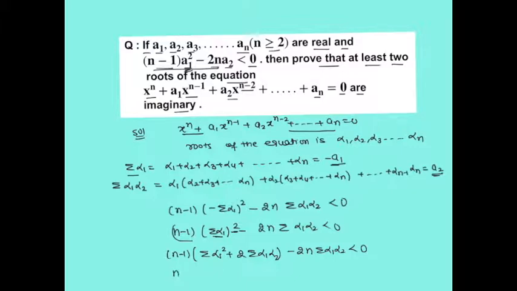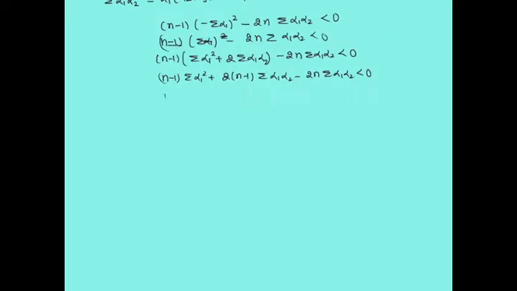This will come as n minus 1 into sigma alpha 1 whole square plus 2 times of n minus 1 into sigma alpha 1 alpha 2 minus 2n into sigma alpha 1 alpha 2 is less than 0. This will come as n minus 1 into sigma alpha 1 whole square plus, if I take 2 times sigma alpha 1 alpha 2 outside, this will come as n minus 1 minus n is less than 0.